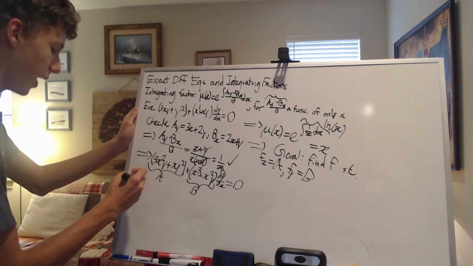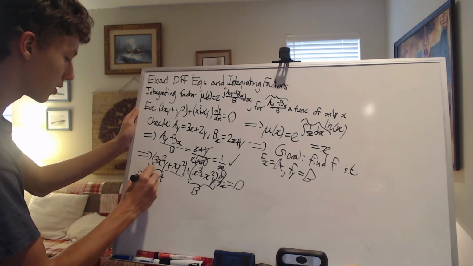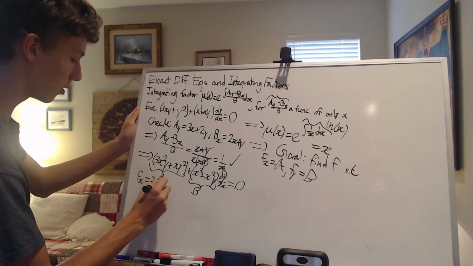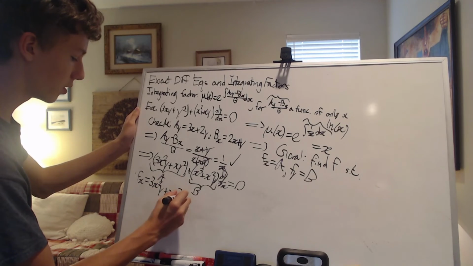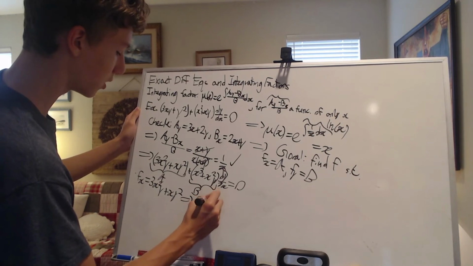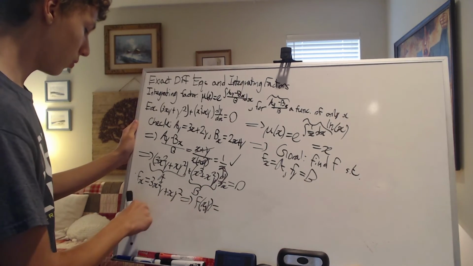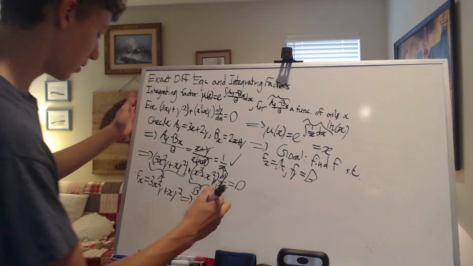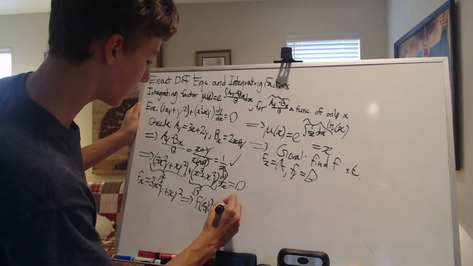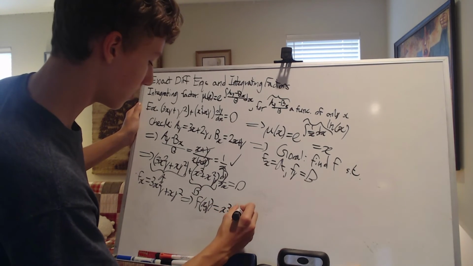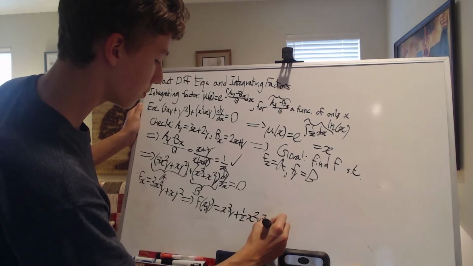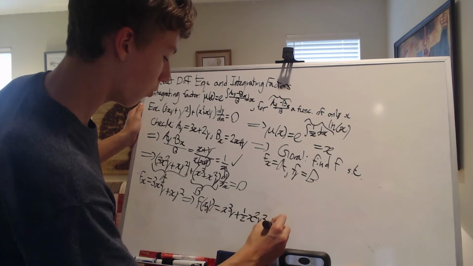Alright, so we'll have f sub x equals 3x squared plus 3x squared y plus x y squared. So that means that f of x, y is equal to, now we're integrating with respect to x, so the 3 cancels out with 1/3, so x cubed y plus 1/2 x squared y squared plus some function of y.